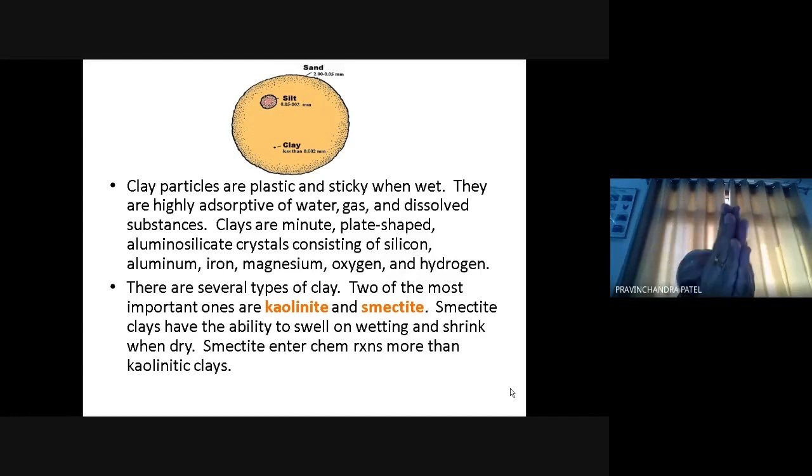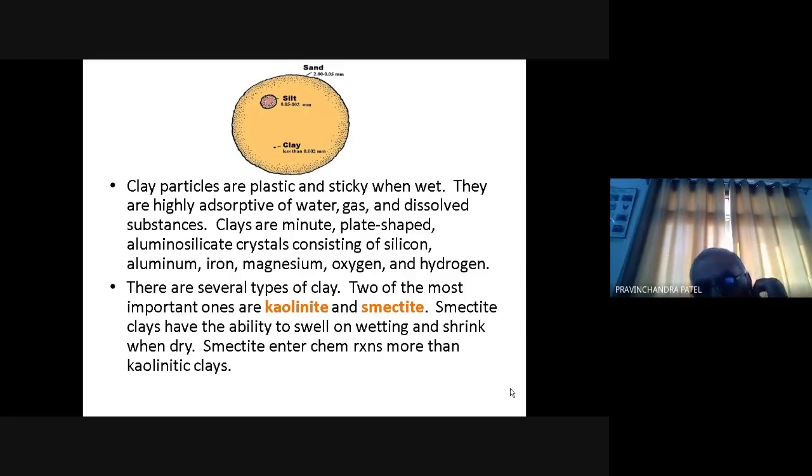When there is crack formation, the germinated plant will have less contact with the soil, and the plant will not get sufficient nutrients, and the plant becomes weak. So we have to manage black soil properly.